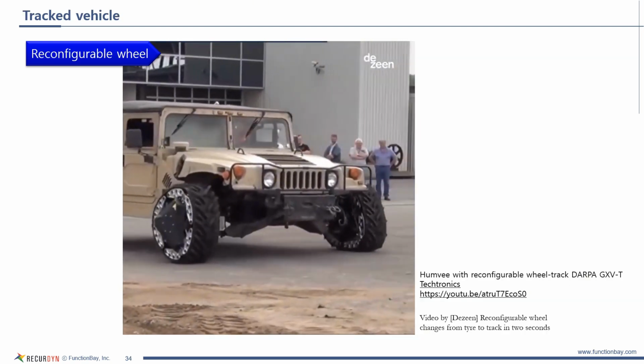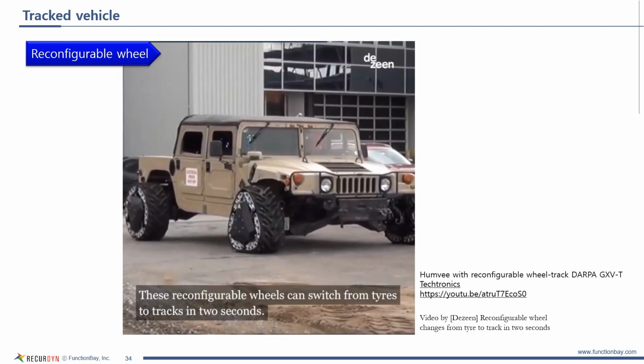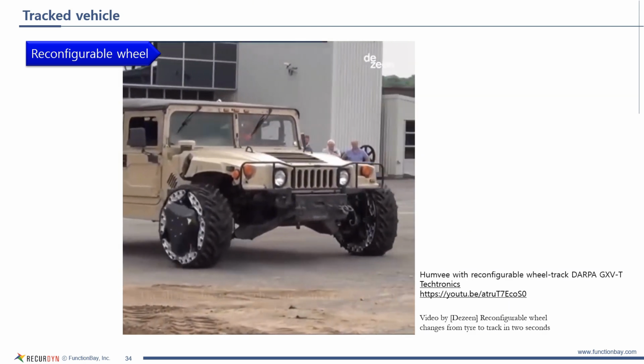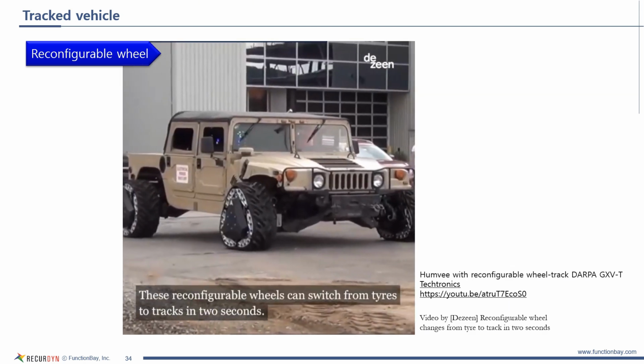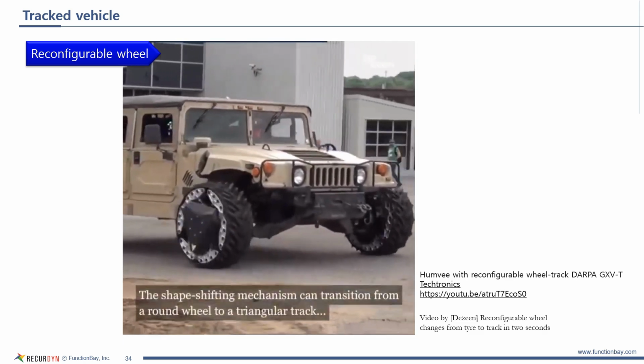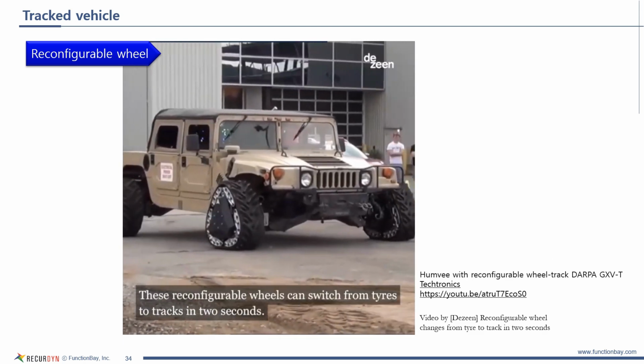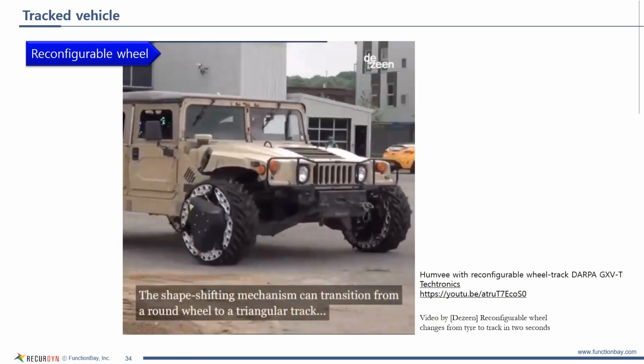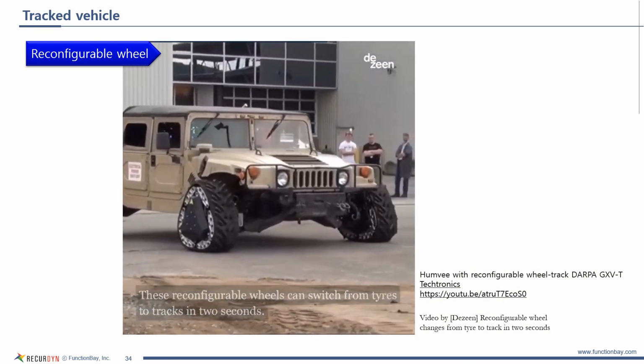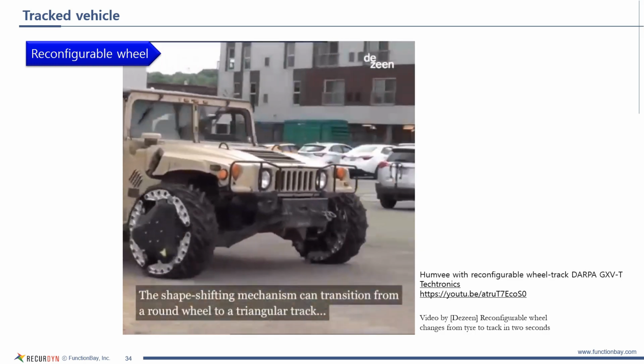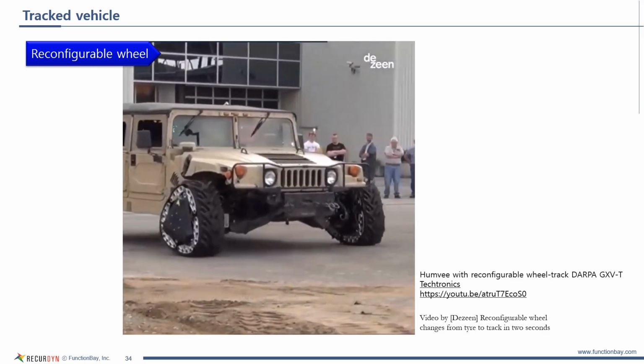You see a Humvee with front tires shaped like triangles. Rather than the tire rotating, a wrapped track belt turns to propel the vehicle forward. As it drives, the triangular tire transforms into a circular shape and the entire tire rotates.